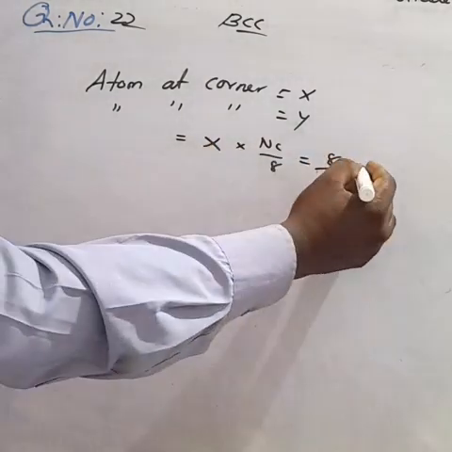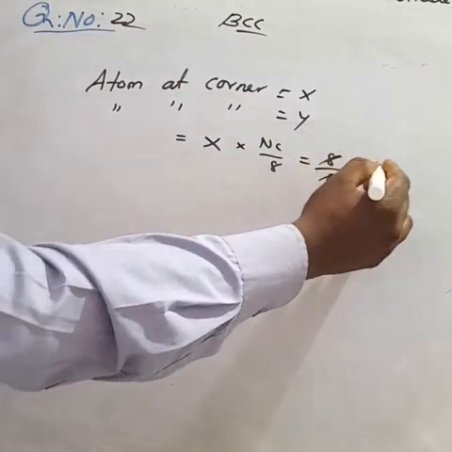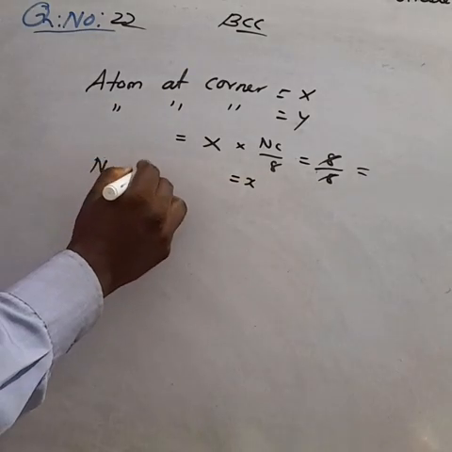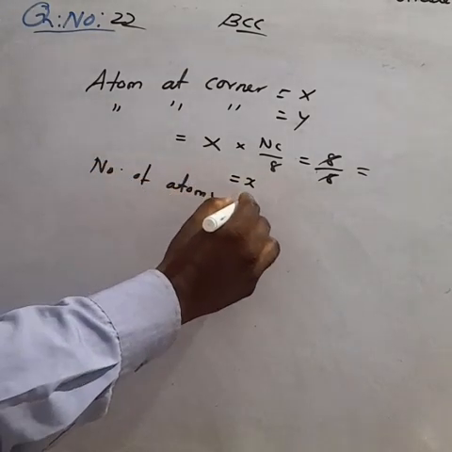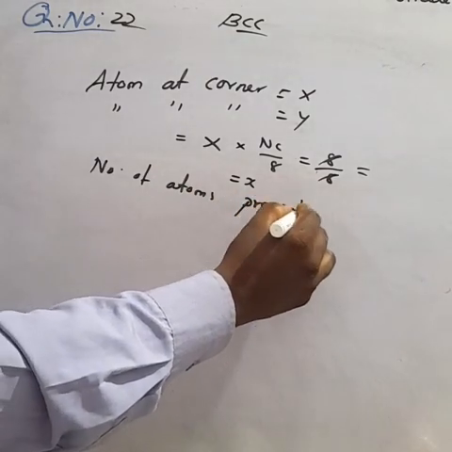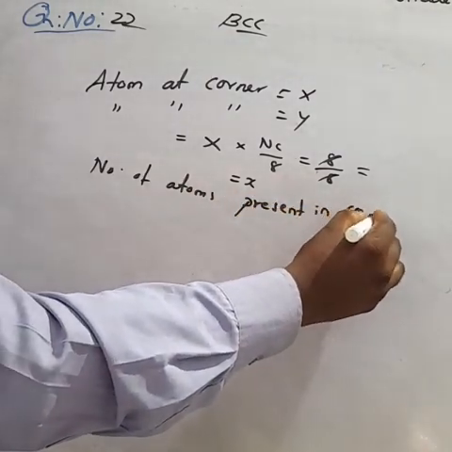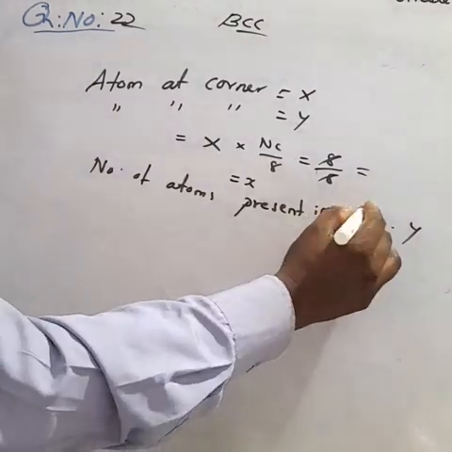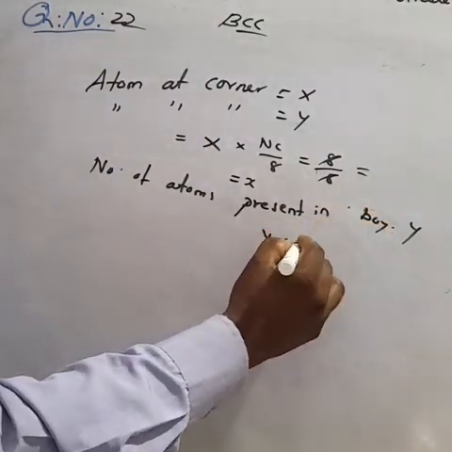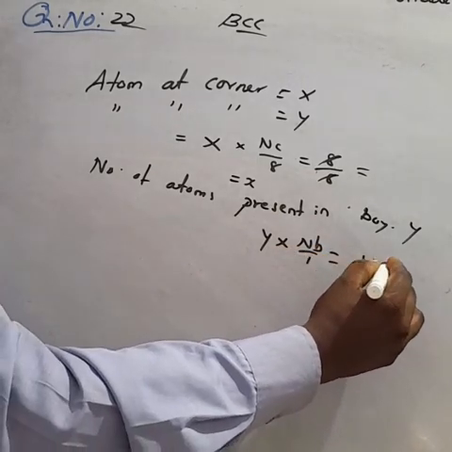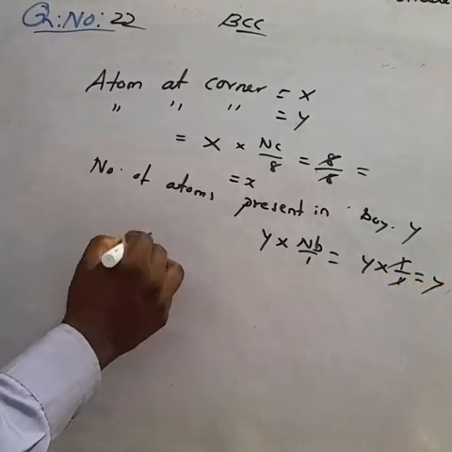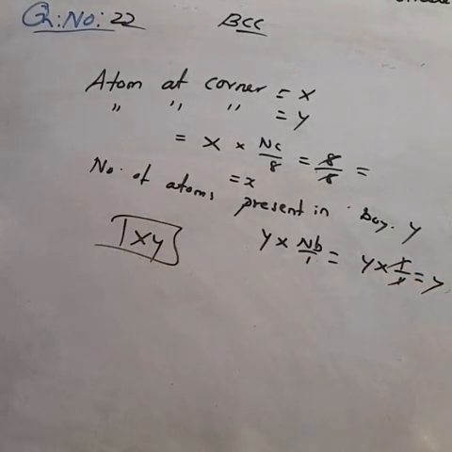So the 8 can be cancelled and we get X. Number of atoms present in the body, not corner, is Y into NB divided by 1, that is Y into 1 by 1, which is Y. So the formula of the compound is XY.